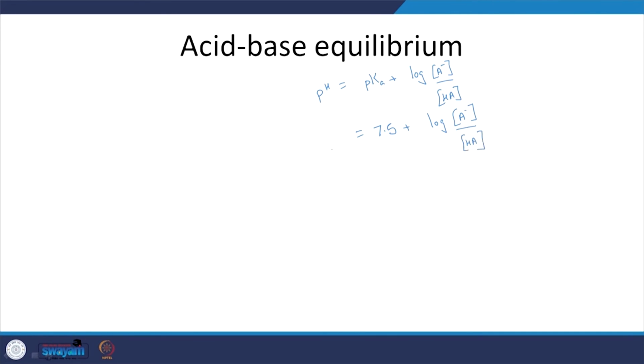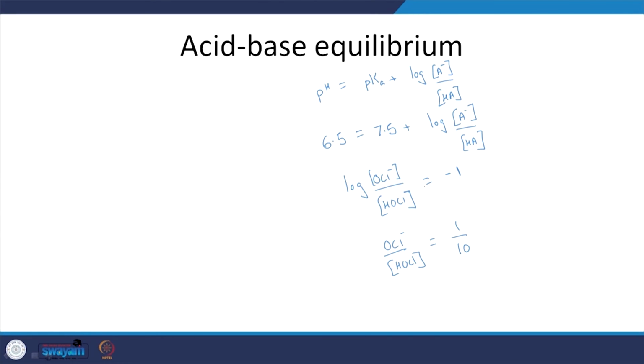Let us say the pH is 6.5, what will this turn out to be? Log of OCl minus by HOCl will be equal to 6.5 minus 7.5, which is minus 1. So, OCl minus by HOCl will be equal to 10 power minus 1, or 1 by 10.